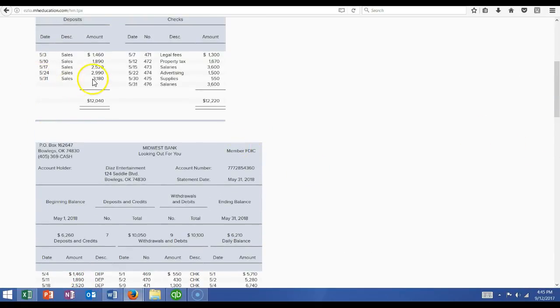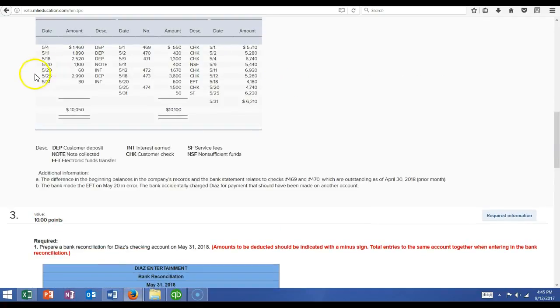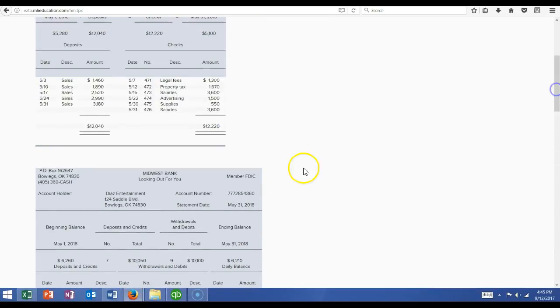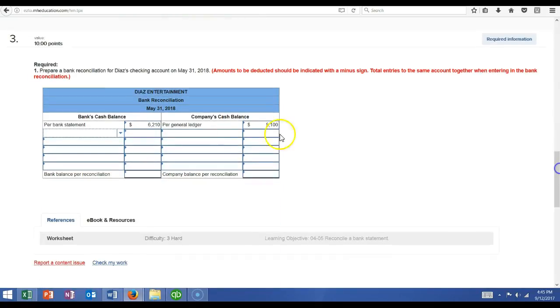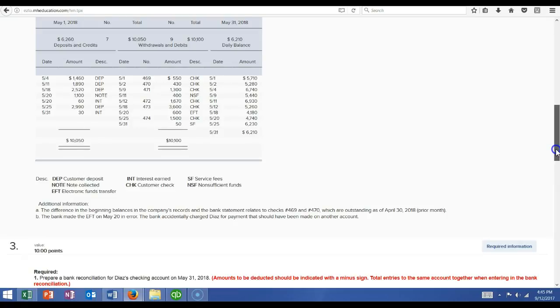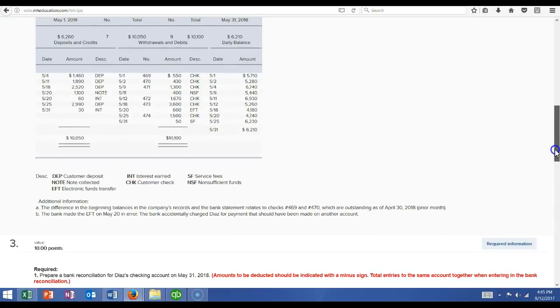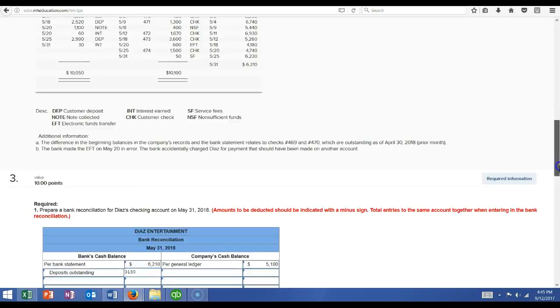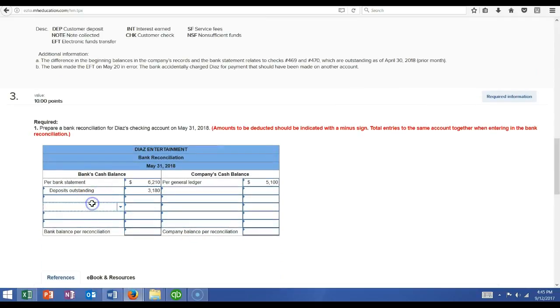I see May 24th, deposit of $2,990. May 25th, $2,990. Don't see any other deposits there. So this is an outstanding deposit May 31st for $3,180. So deposits outstanding, $3,180.